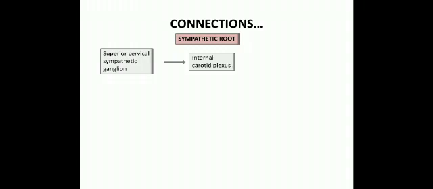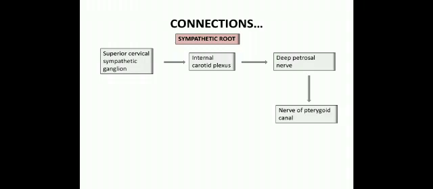The sympathetic root is also derived from the nerve of the pterygoid canal. It contains postganglionic fibers arising in the superior cervical sympathetic ganglion, which pass through the internal carotid plexus, the deep petrosal nerve, the nerve of the pterygoid canal, and reach the pterygopalatine ganglion.